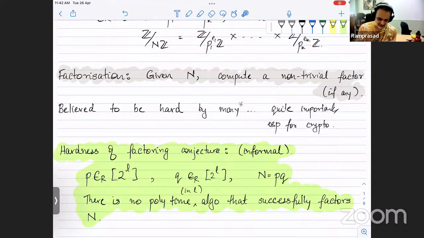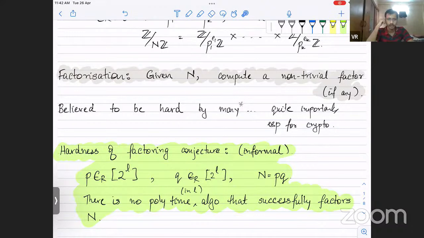The precise statement is more about exactly what sort of distributions are used to generate these composite numbers. But roughly speaking, there seems to be some reasonable way to generate composite numbers which appear to be hard for poly(L) time algorithms to factor. So that's the high level picture of what the factoring assumption is. And this is something that is believed, and a lot of crypto systems are based on this assumption.